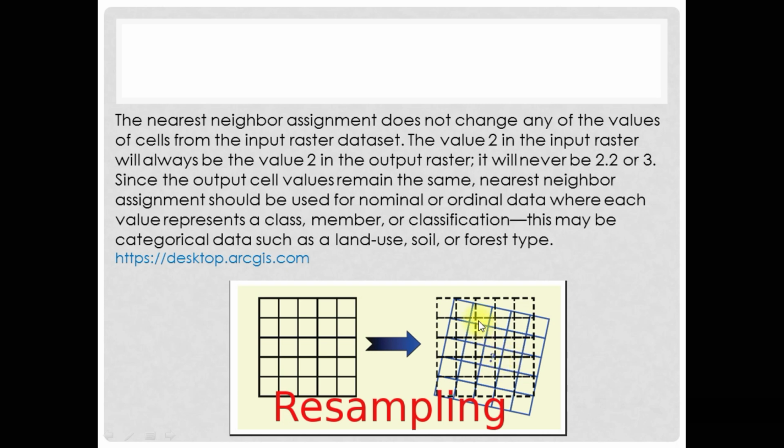Here we can see the output with blue color output raster image, and with the black color input image. Here is a cell center, and the input pixel which has the more overlapping with the output is given the value to the output pixel.